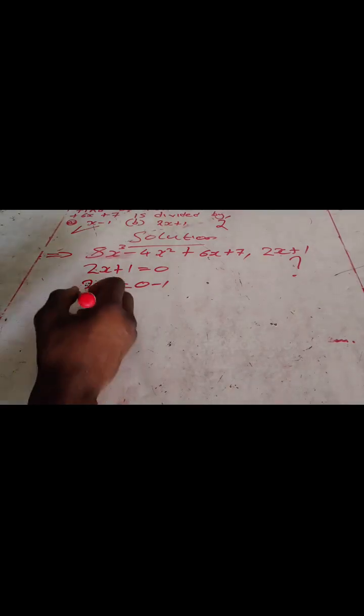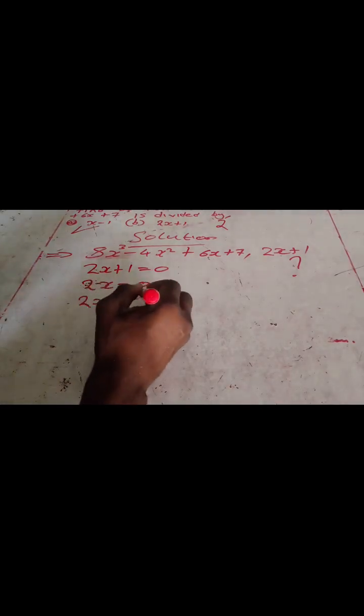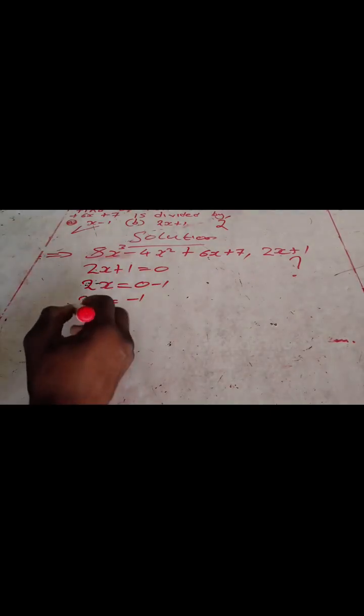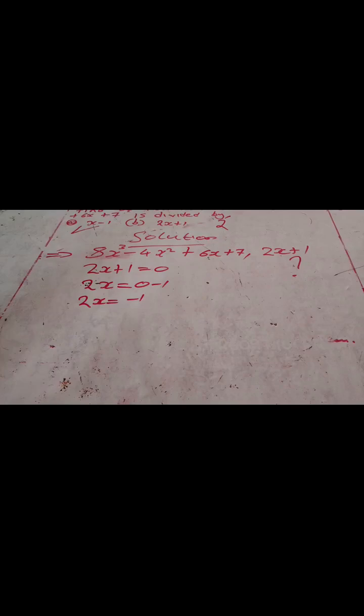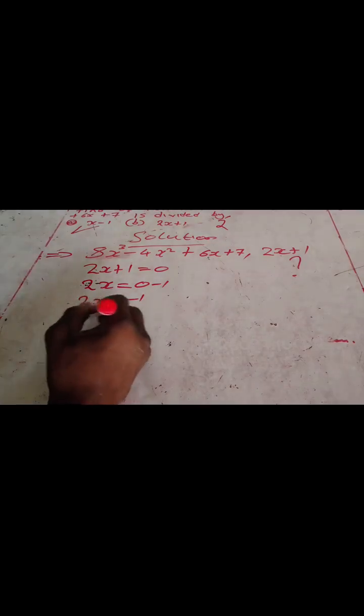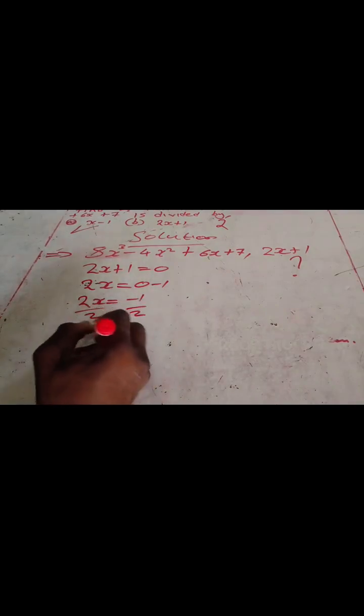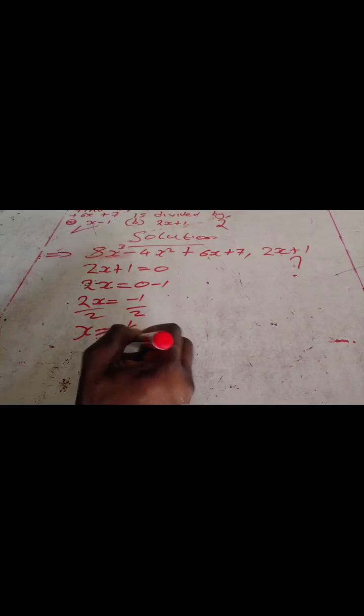Okay, so 2x is equal to negative 1. So we make x the subject of the formula by dividing both sides by 2. 2 over 2, x is negative 1 over 2.